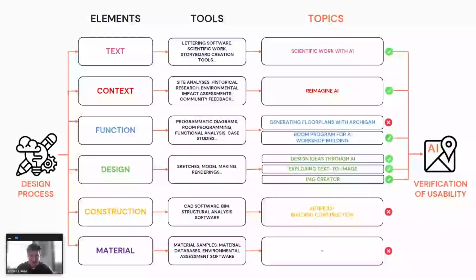The design element is located in the early phase of the design process, where creative ideas are developed to define the general character and direction of a project. At the same time, the functional requirements of a project are identified and analyzed during this phase. This includes also text and context.